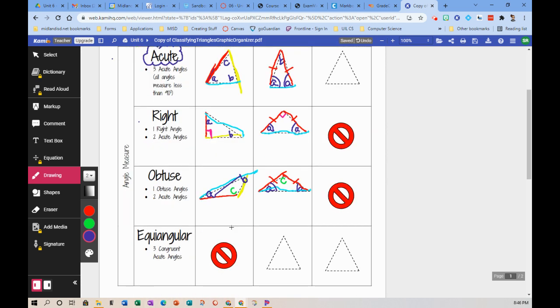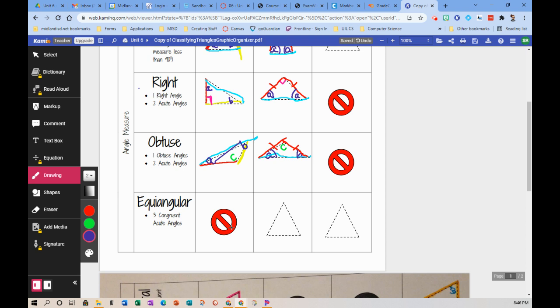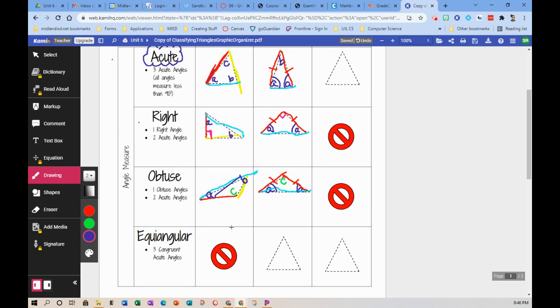Equiangular. Let me erase that little mark. Okay, go back to drawing. These are all going to be 60 degrees.